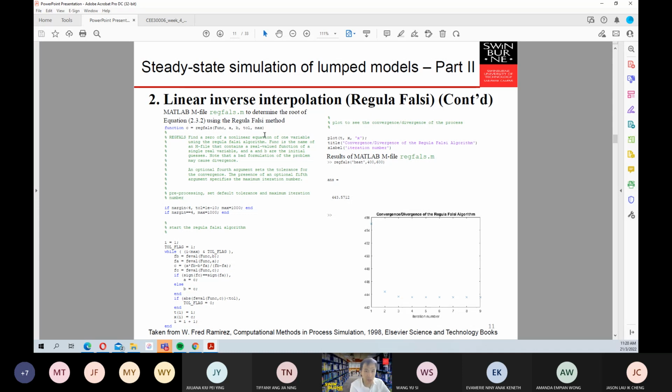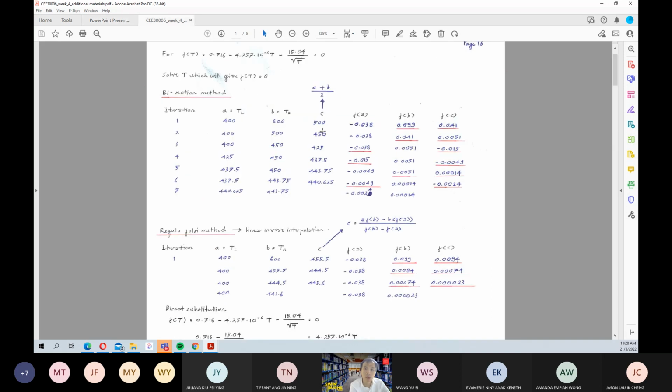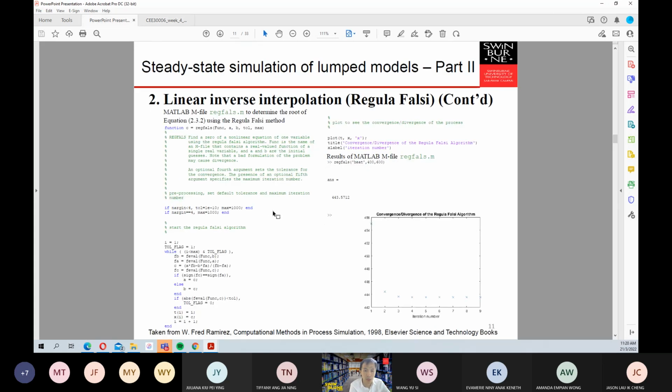And then max in here is the maximum number of iterations, because as you can see, we will iterate the first, the second, the third, the fourth, the fifth, sixth, and so on. So we need to put in 5 input arguments.